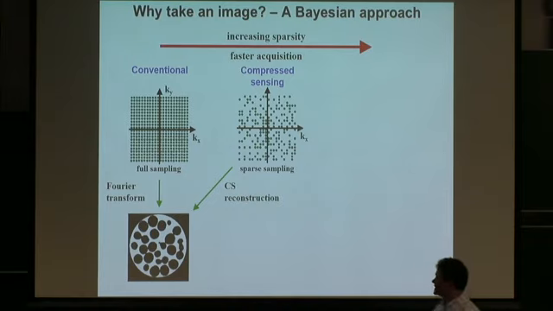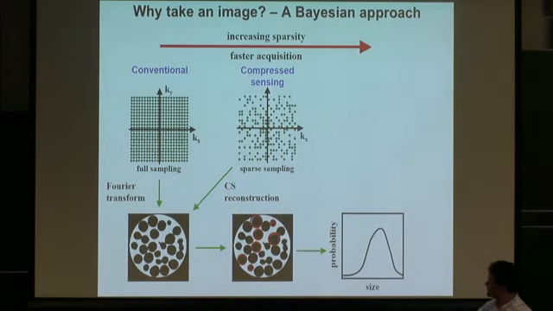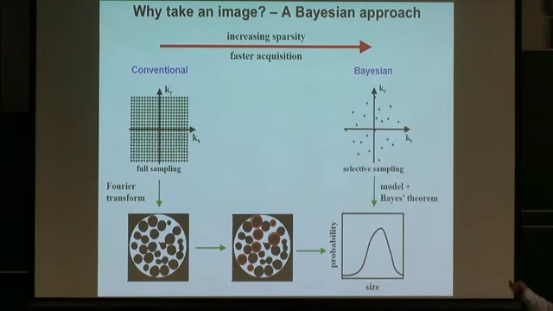So what you're typically doing is taking that image, and if this was an image of some bubbles, for example, we might be identifying the different bubbles in there, identifying their sizes, and building up a size probability distribution of bubble sizes. And if that's actually the information that we want, then there is a question as to whether we need to go through the complex image acquisition and reconstruction when maybe we could actually get straight to this information by acquiring far fewer data points and building up a model for how the experimental data may vary depending on the state of the system, and then using Bayes' theorem to extract out just the information that we're after.